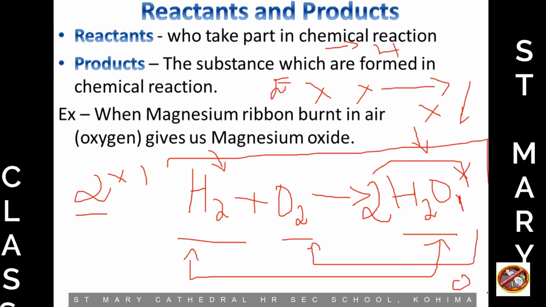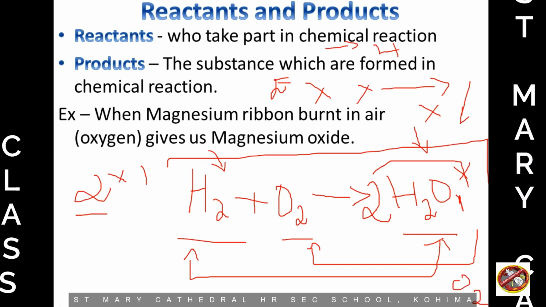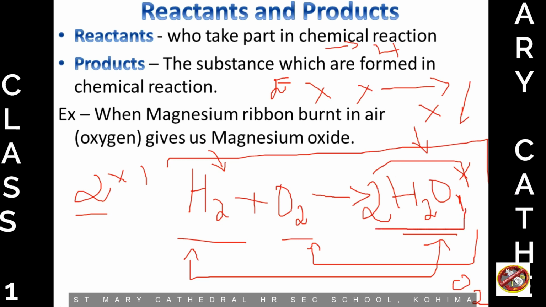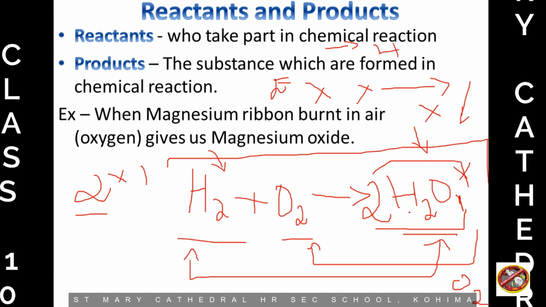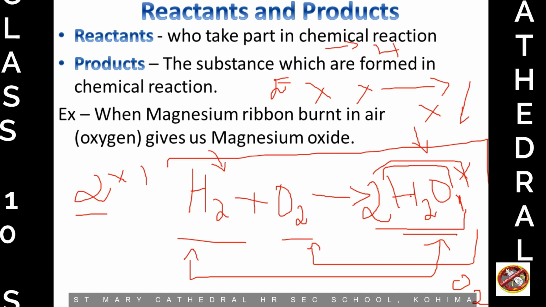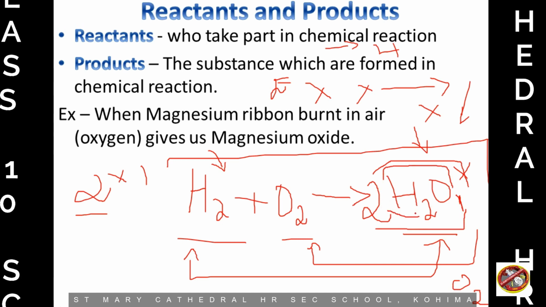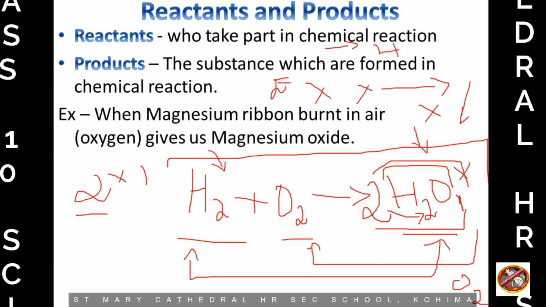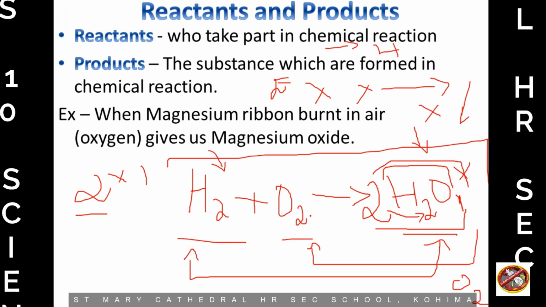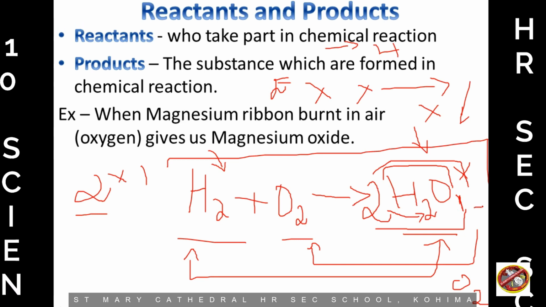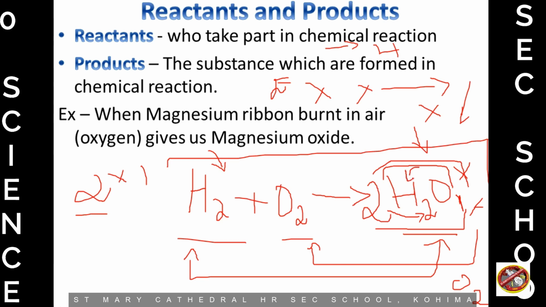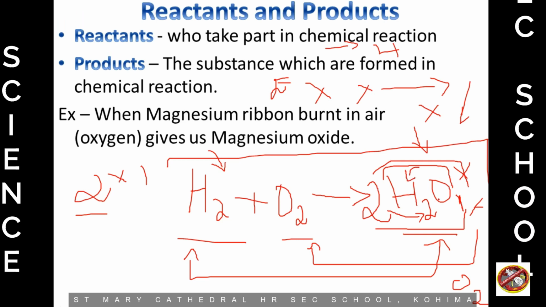Now our oxygen is 2, and this 2 is attached with this H2O, so it multiplies with the H2O also. Remember, after you have solved for oxygen, don't think that it is the end. You have to make sure that the next chemical right next to it is still balanced.